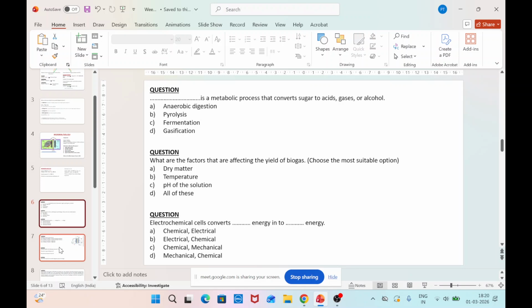So the first question is, which of the following is a metabolic process that converts sugar to acids, gases, or alcohol? You have anaerobic digestion, pyrolysis, fermentation, and gasification.